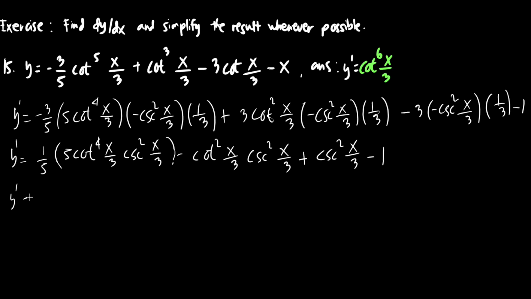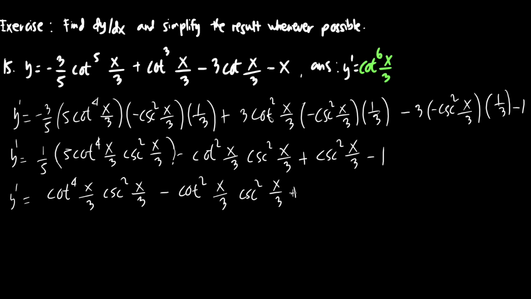So simplify further: we have cotangent of 4 x over 3 cosecant squared x over 3, minus cotangent squared x over 3 cosecant squared x over 3, plus cosecant squared x over 3, minus 1.